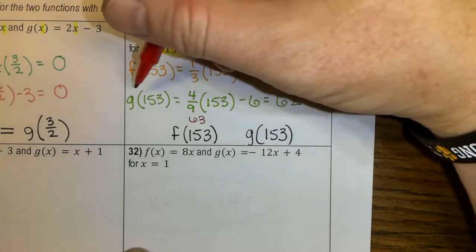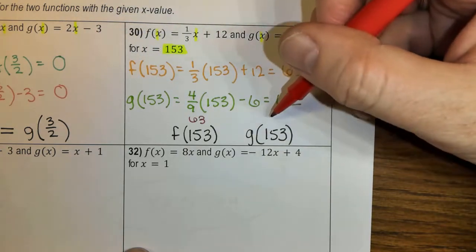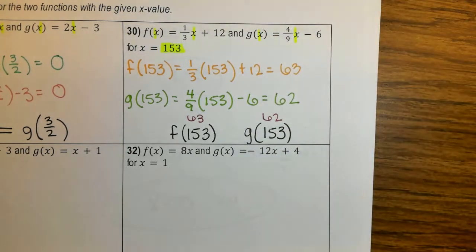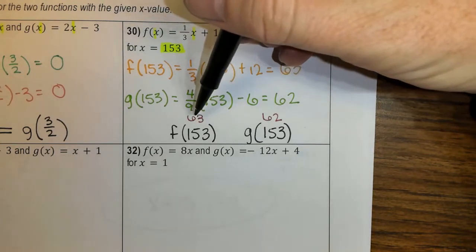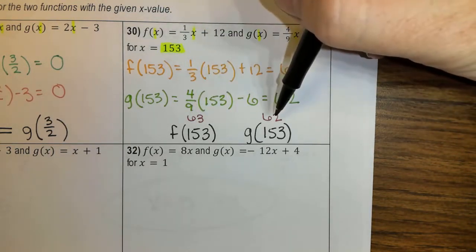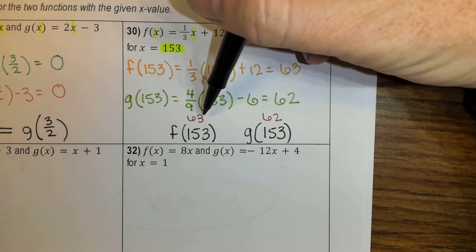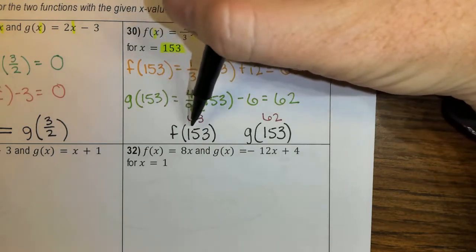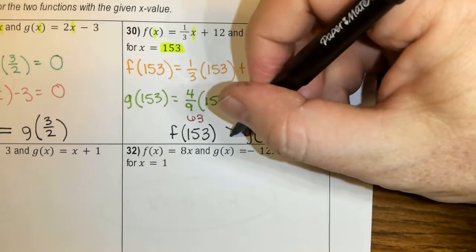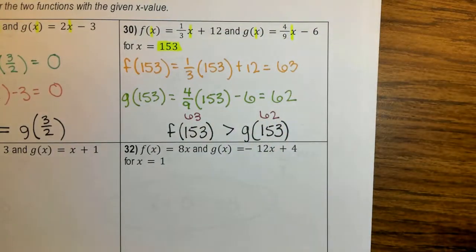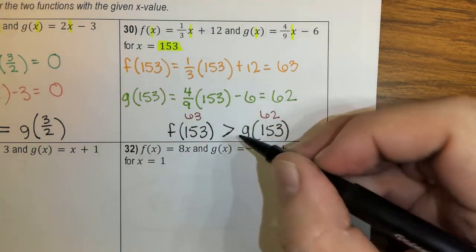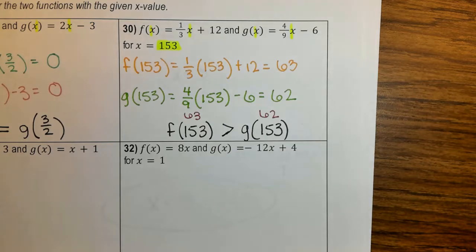And then when I did g of 153, I got 62 as my answer. Okay, so what I'm doing here is I'm comparing the answers that I got and nothing else. So if I compare my answers when I did f and g, this number is larger, right? Which means f of 153 is greater than g of 153.